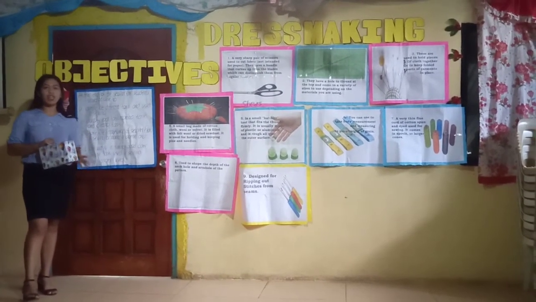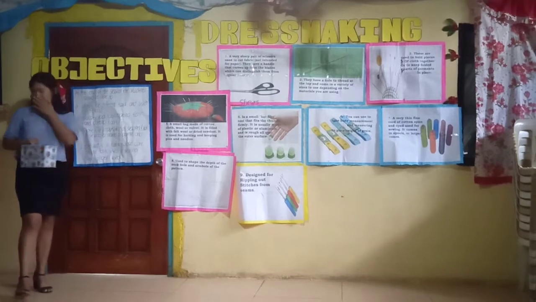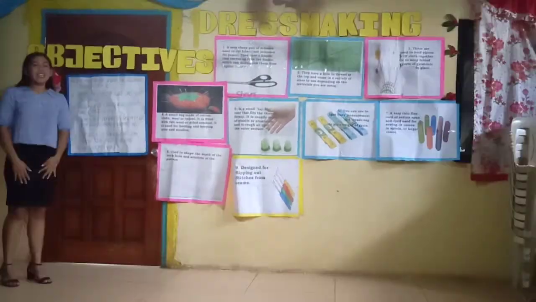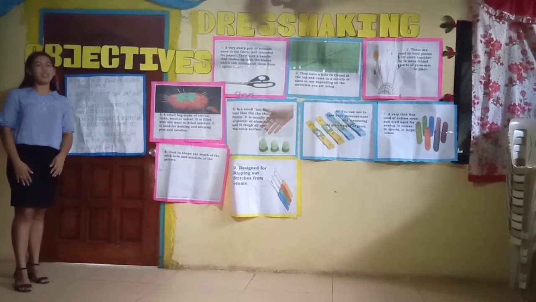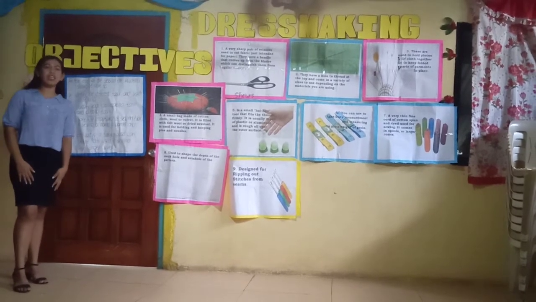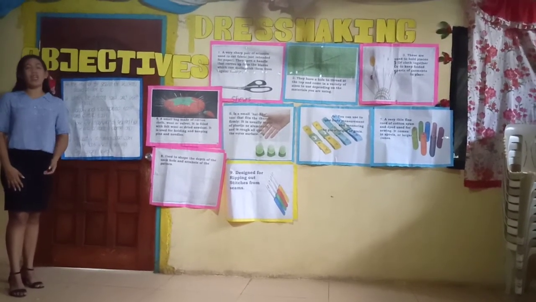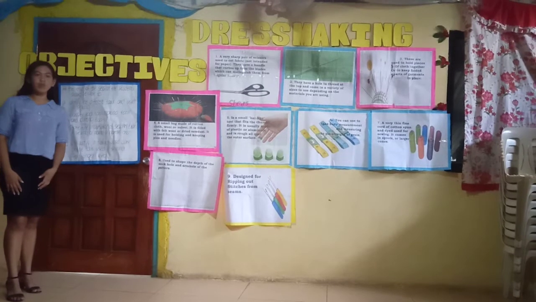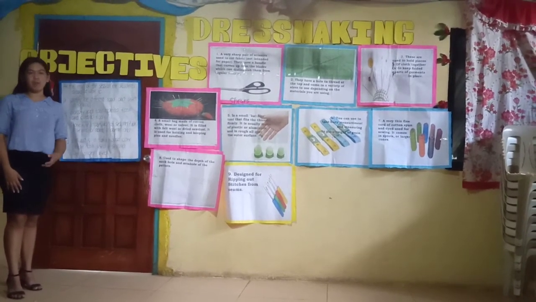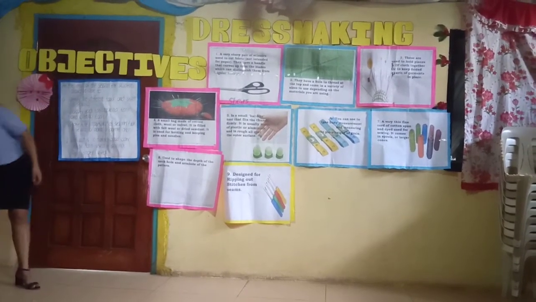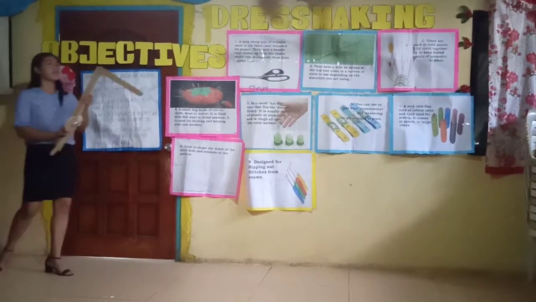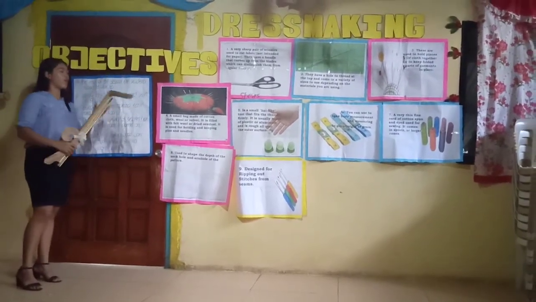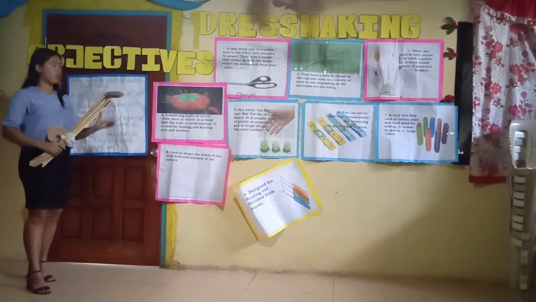The second activity is called Match Made in Heaven. In this activity, they will group into 3 groups. The students are assumed to cooperate and participate in the given activity. I have here actual photos of measuring tools and sewing machine equipment.